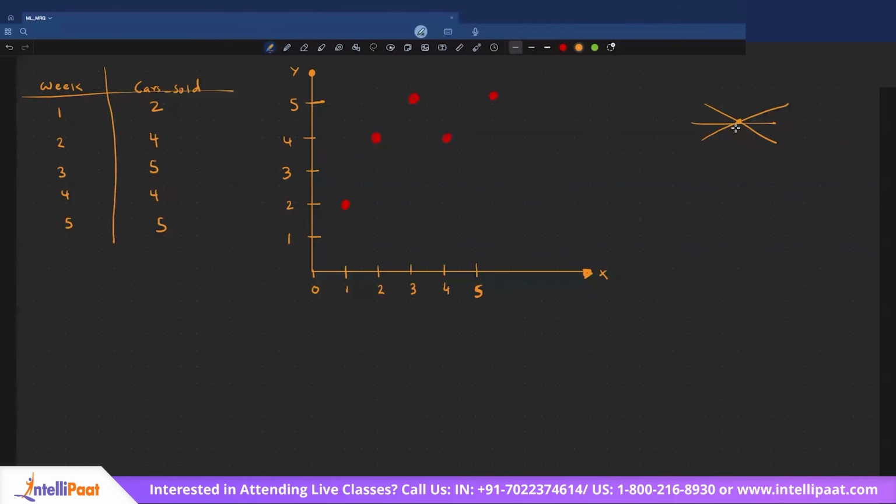Is this line possible? Basically, an infinite number of lines are possible through one single point. Yes or no? Okay. But will the point move if I fix the point? Meaning, if I tell you this is the fixed point, the point won't move, correct? Only the lines are possible through that point. Agree? Yes or no? Okay.